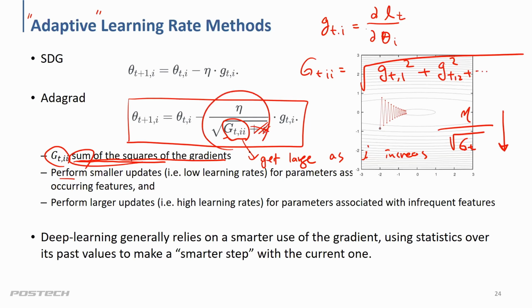So these are a kind of adaptive learning rate, right? The values get smaller as we increase the number of iterations. Does it make sense?